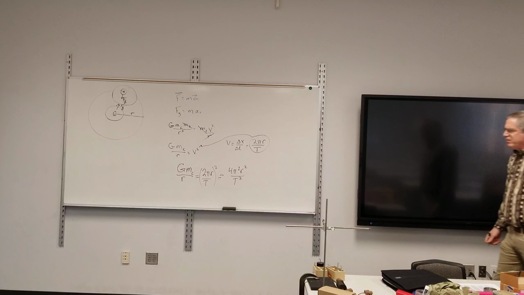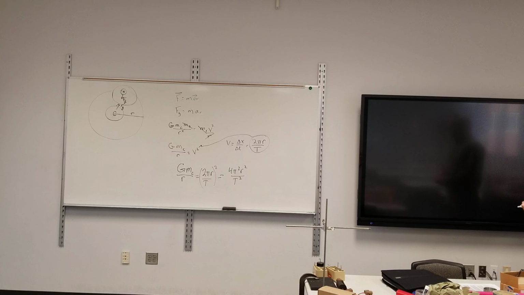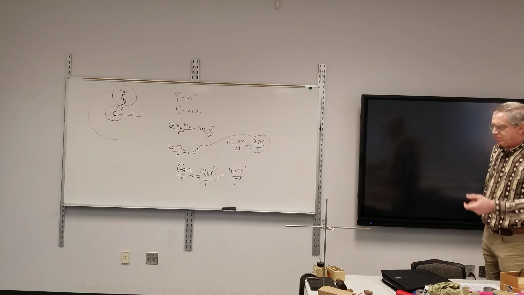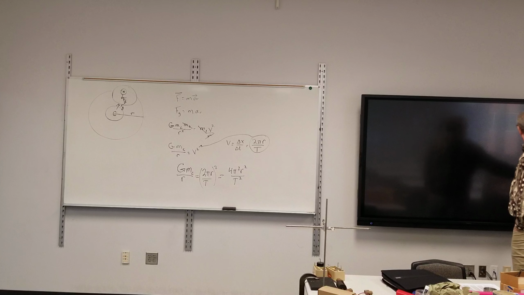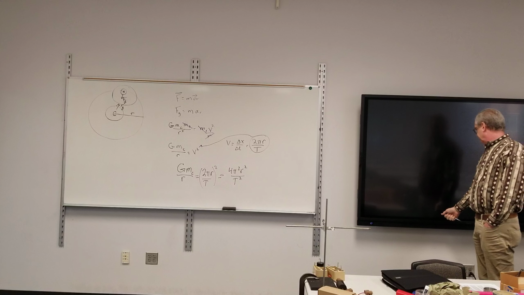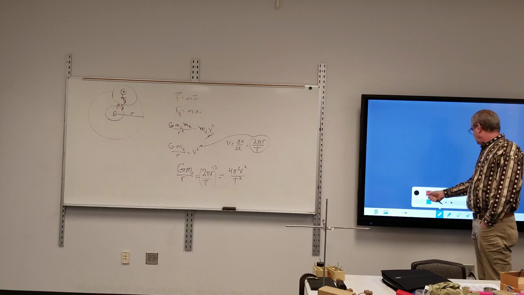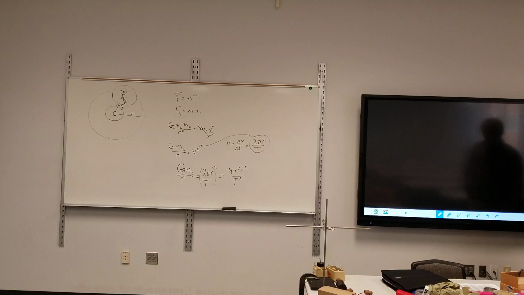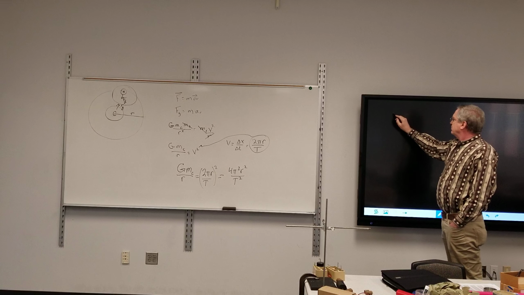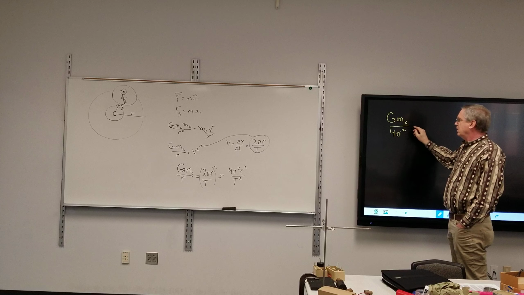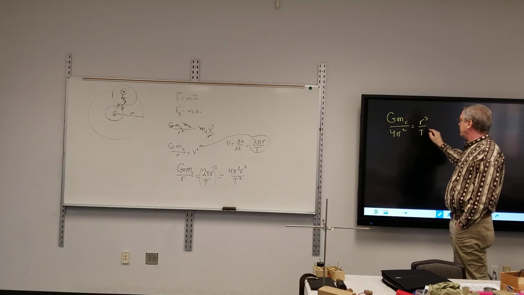Now I want to get my variables on one side and constants on the other. Assuming the central object is considered constant for that system, I have big G, mass of the central object, over 4 pi squared is equal to r cubed over T squared.